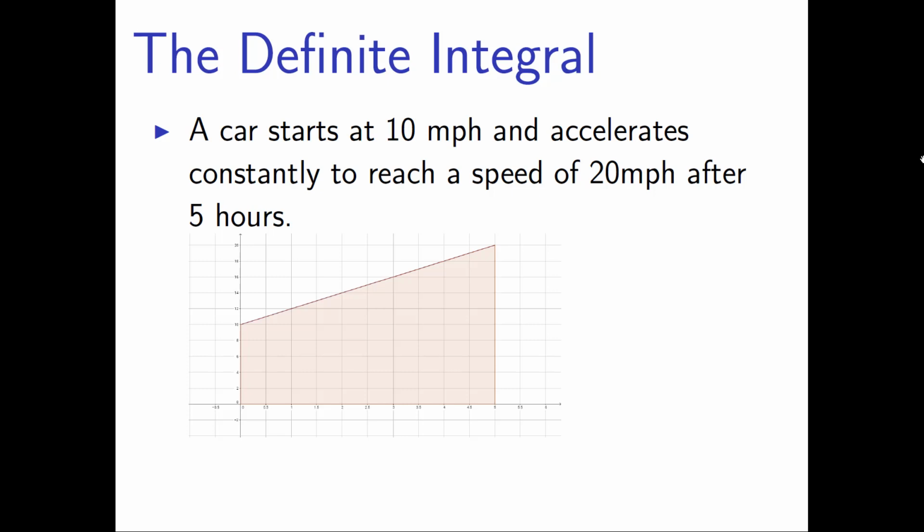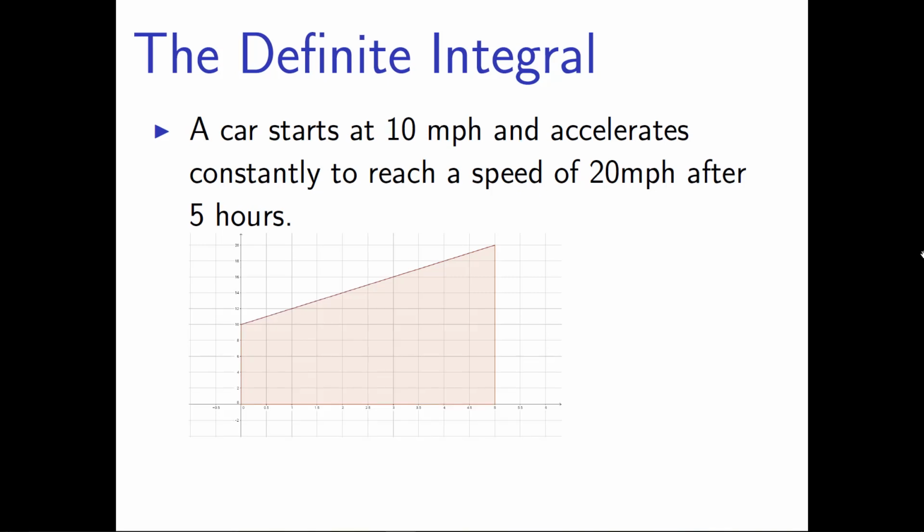There's a couple ways to think about this. One is that the average speed it's going to travel would be 15 miles an hour, and 15 miles an hour for 5 hours would be 75. But let's think about this in terms of the area. Remember, we seem to think that the area under the curve was giving us the distance travelled.